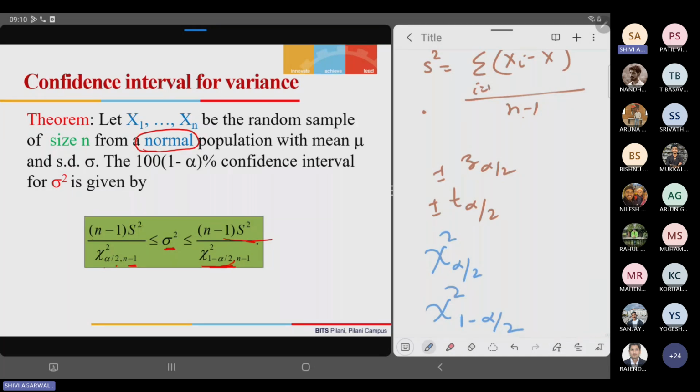The only difference is the two sides are chi square alpha by 2 and 1 minus alpha by 2. The right-hand side region we have to consider very carefully.